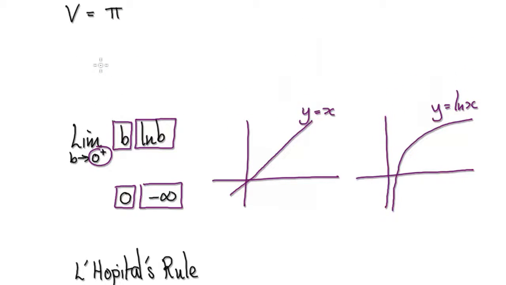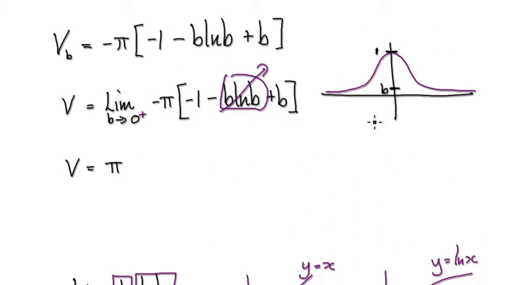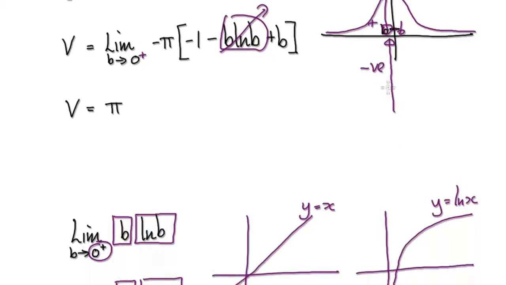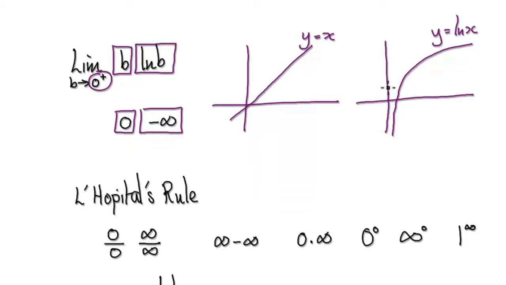Remember, we are sliding b towards 0 from the positive side only, not from the negative side. That's why it's a one-sided limit from the positive side.